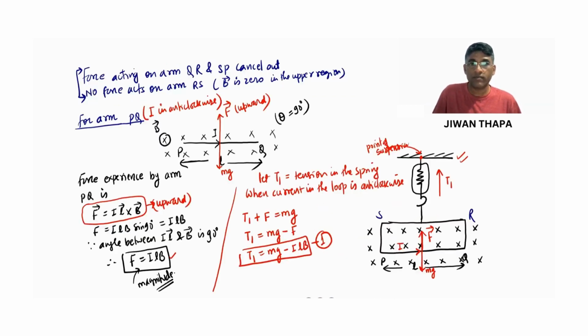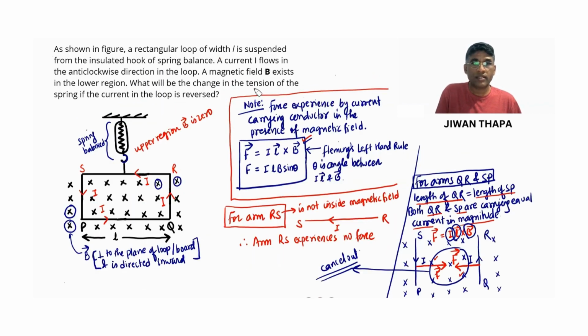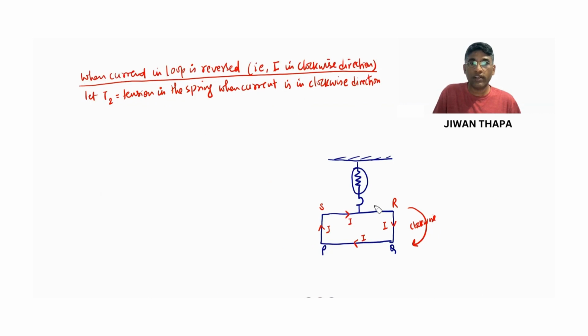And from the question, what we find, magnetic field B exists in the lower region. So we have magnetic field B in the lower region only. In upper region, magnetic field is 0. So we have magnetic field only in the lower region. Clear?